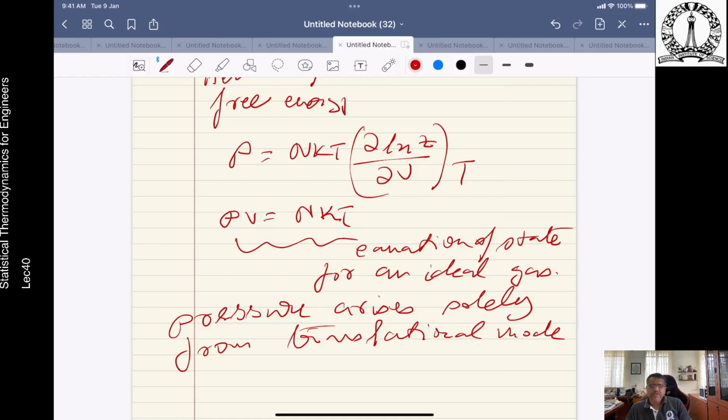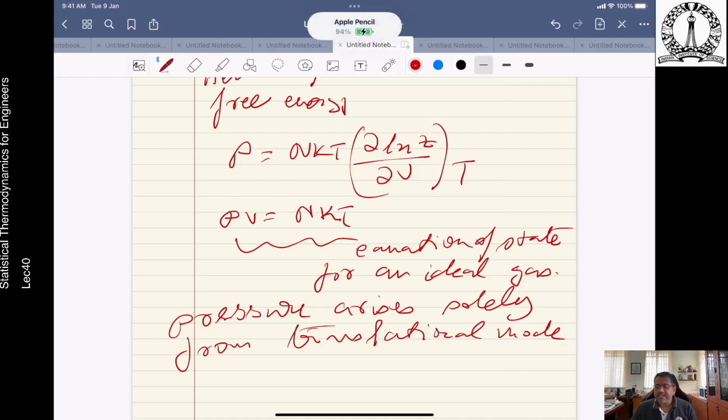For example, we'll do a sample problem, okay, which will be on Helmholtz free energy, and then we will look at the contribution from the electronic energy modes, which is a little bit more involved than the other modes, right? So that will enable us to calculate the properties of a monoatomic gas, because as we say, the monoatomic gas essentially depends on the translational and the electronic mode. It does not depend on the vibration or the rotation because they don't exist anyway.